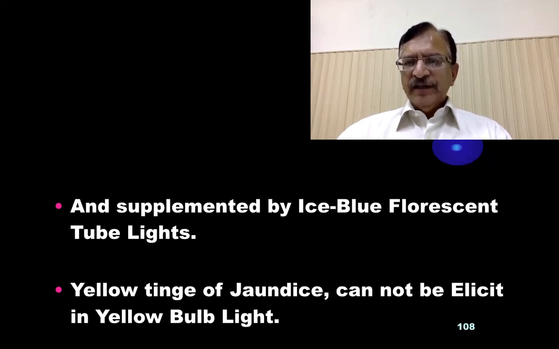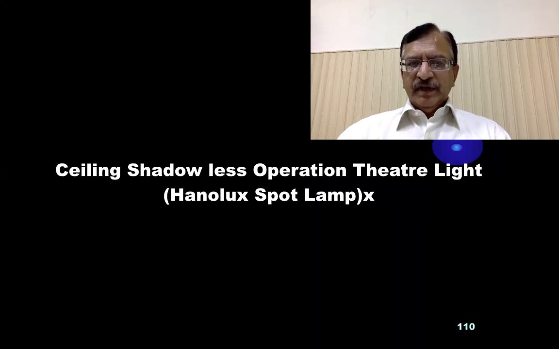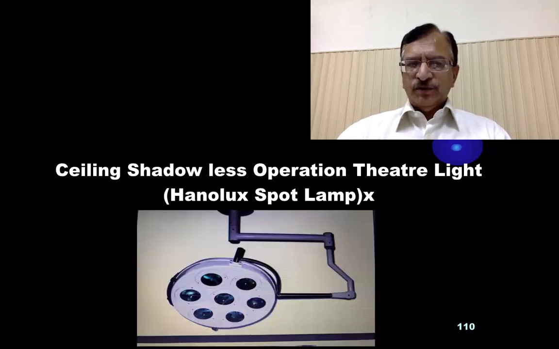So ice blue fluorescent tube light should be preferred when supplemented. This is the ice blue fluorescent tube light picture. Then ceiling shadowless operation theater lights can also be used, which are Hanolux spot lamps.